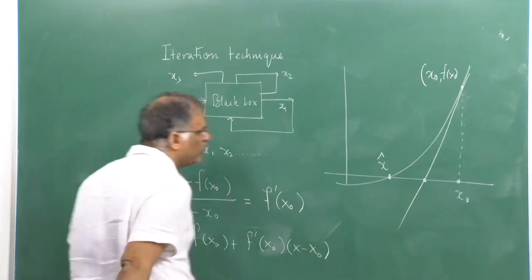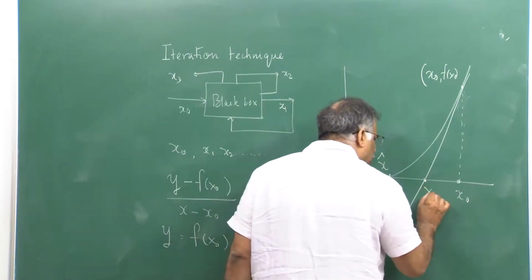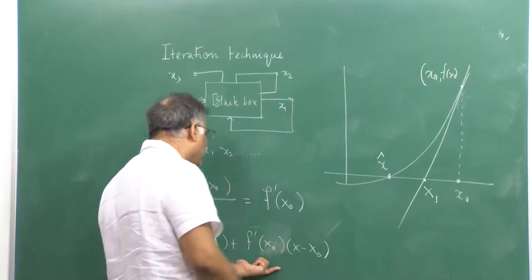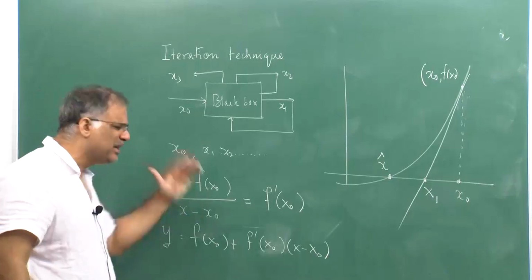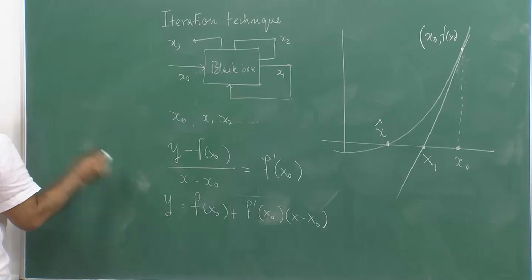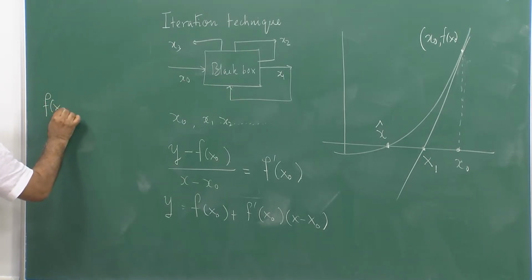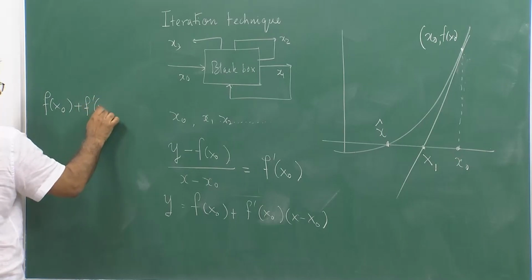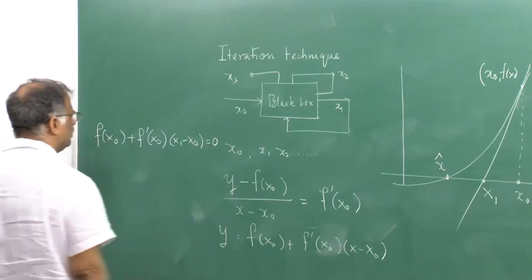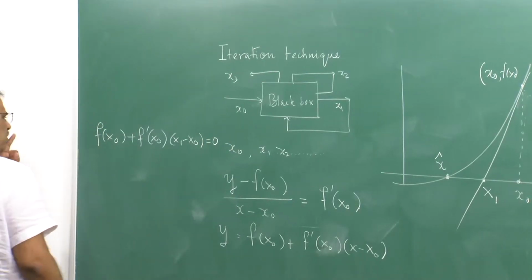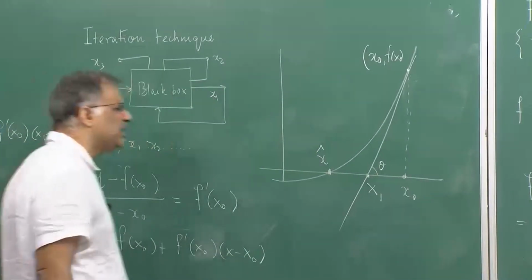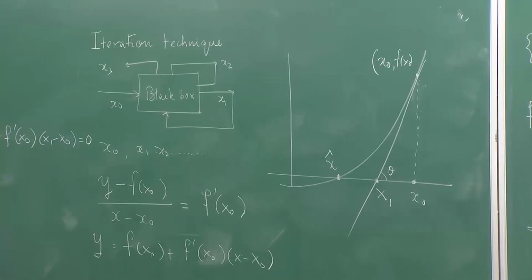So, our first attempt to get x1: x1 is my solution to the fact that this must be equal to 0. That is, I want to ask the question, what is that x for which the tangent line cuts the x axis? If x1 is that point, then f(x0) plus f'(x0) times (x1 minus x0) is 0. Now, you can see from this diagram that tan of theta is not 0, so f'(x0) is not 0.